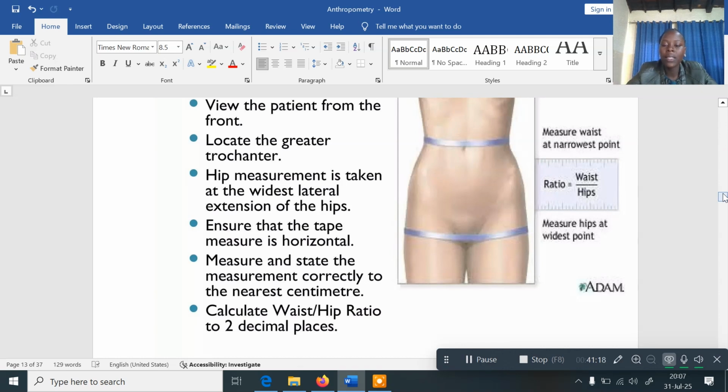So after getting those two values, we are now going to calculate the waist hip ratio. This ratio is gotten by dividing the waist circumference over the hip circumference. Okay, so that is how we can get that ratio.